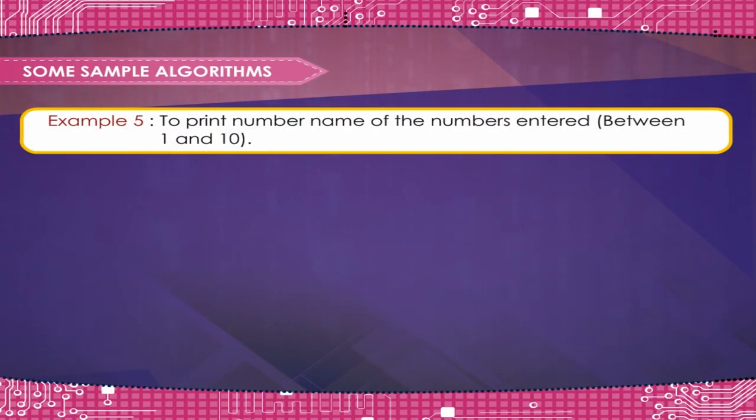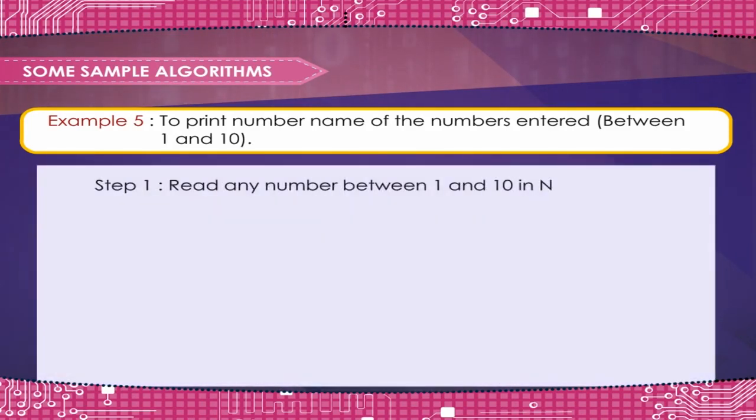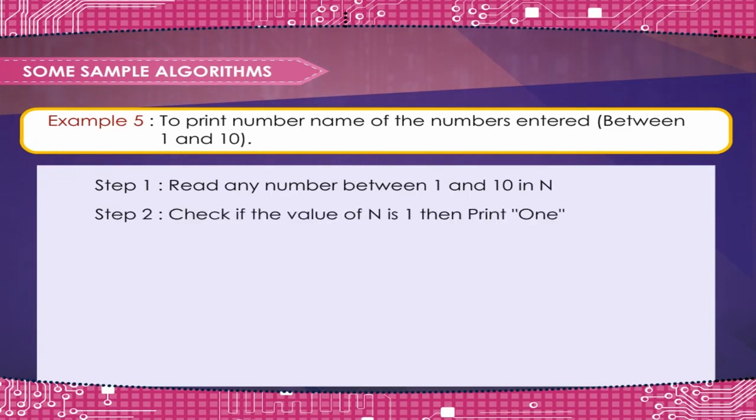Example 5. To print number name of the numbers entered between 1 and 10. Step 1. Read any number between 1 and 10 in N. Step 2. Check if the value of N is 1. Then print 1.